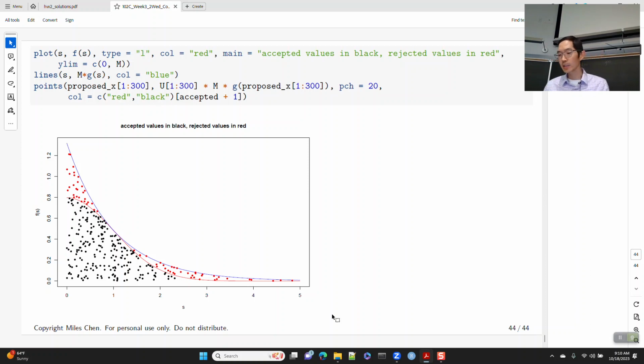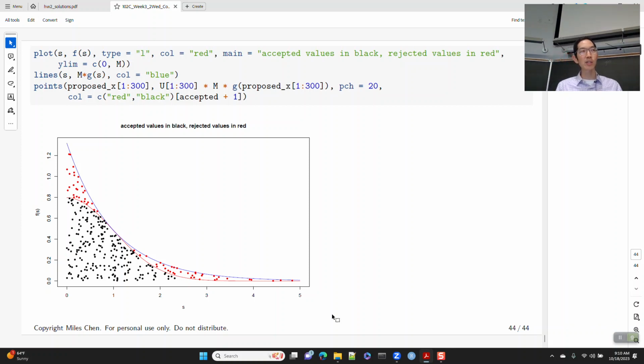Again, there are a lot of similarities between rejection sampling and importance sampling. I don't like the name importance sampling to begin with because it sounds like it's a sampling algorithm, but importance sampling is actually used for estimating the value of the integral, and we weight our values.